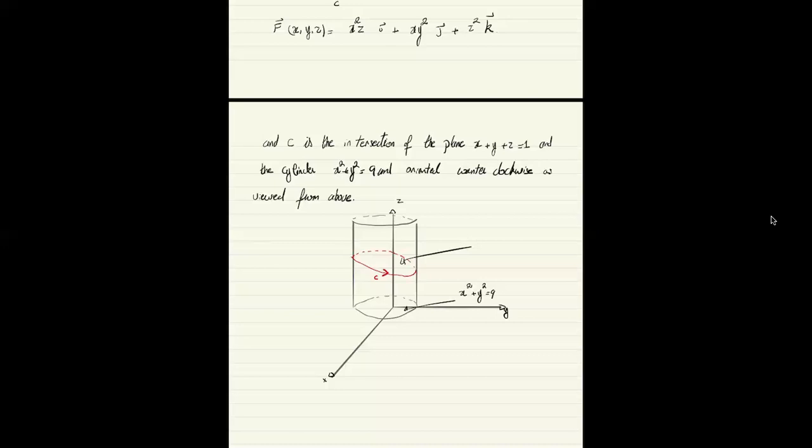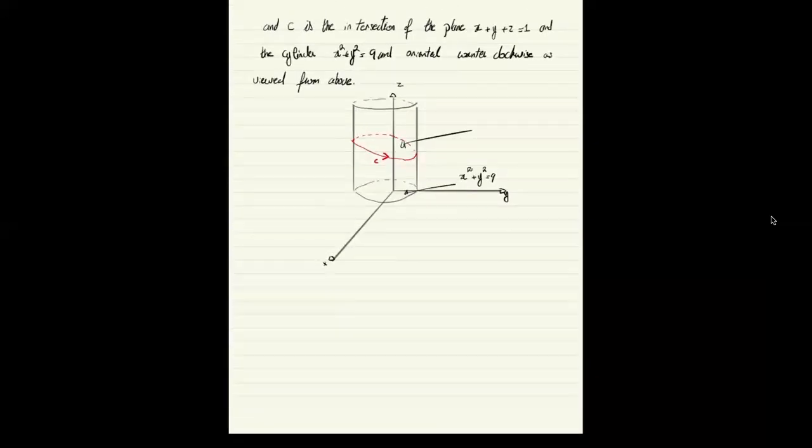If you want to do it directly, it's going to be a bit more work, in the sense you have to parameterize the intersection, and you need to find a parametric equation of the curve, right? Which might not be that hard, but still, you need to do it, and then you have to compute the line integral, and there's no reason it's going to be an easy integral.